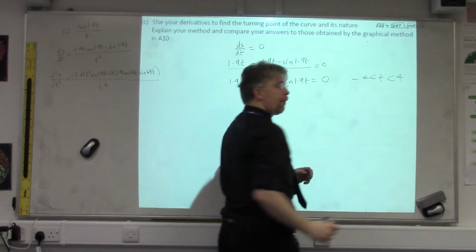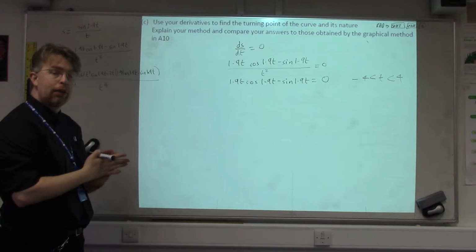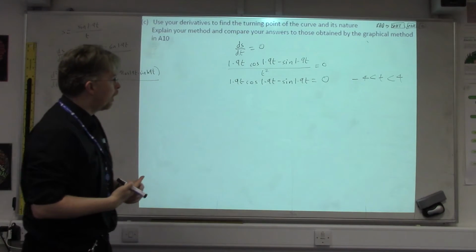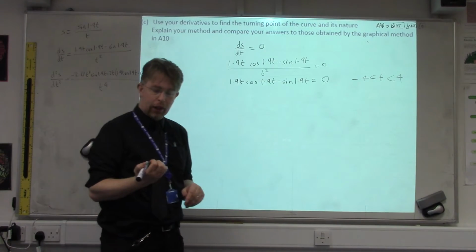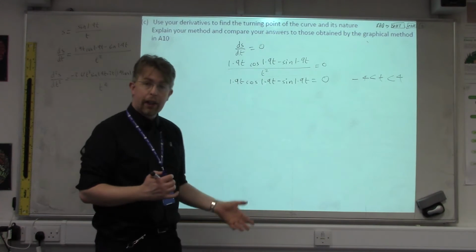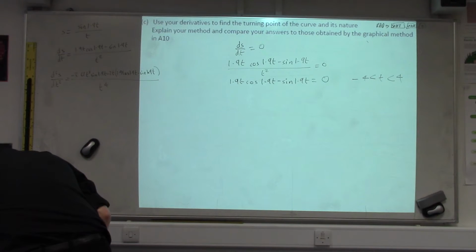We only want to deal with it for the graph that we plotted way back in A10, so the t we plotted was between -4 and 4. This can't be solved algebraically, just like the one in the last section couldn't. So we need to use Wolfram Alpha. Let's bring that up.